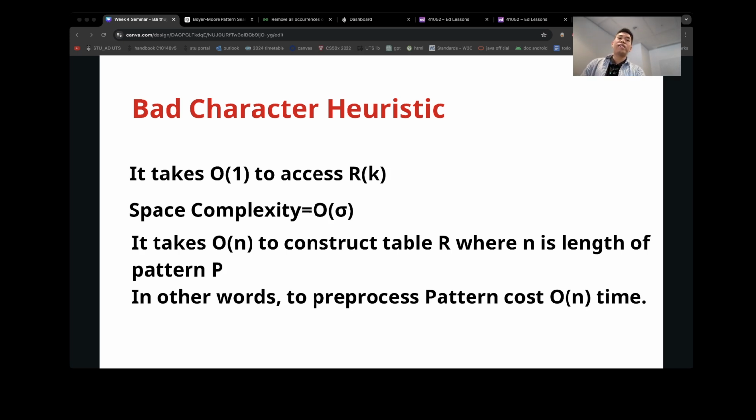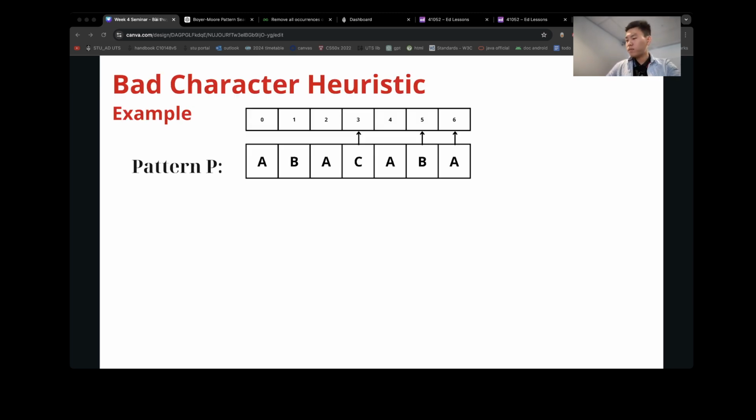It takes constant time to access particular elements in R if you use a vector, or otherwise if you use an ordered map or hash map, I'm not sure if you can make it constant time. It also takes big O of n to construct table R, where n is the length of the pattern.